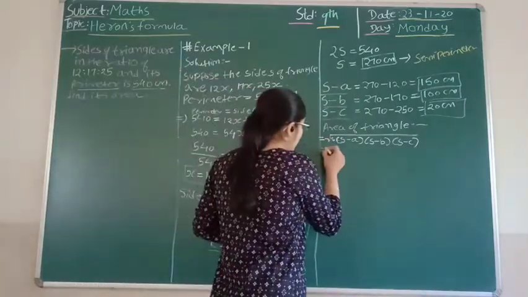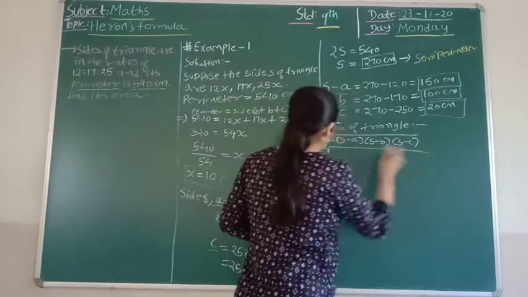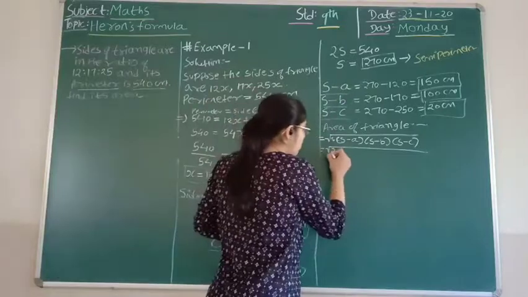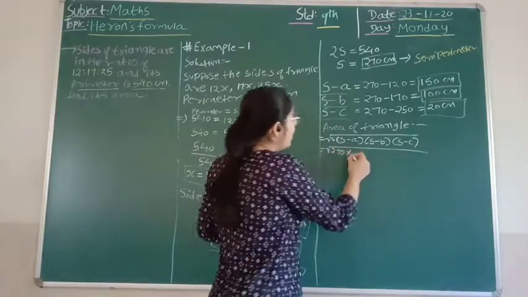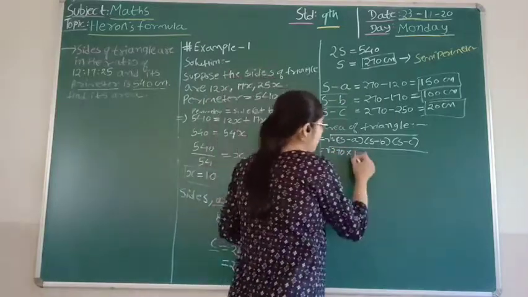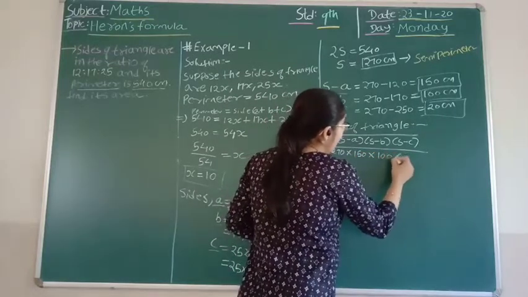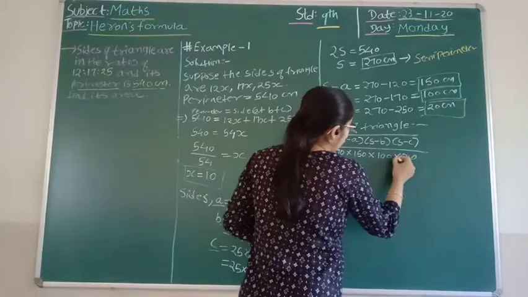This s is nothing but 270. So 270 multiplied by 150 multiplied by 100 and multiplied by 20.